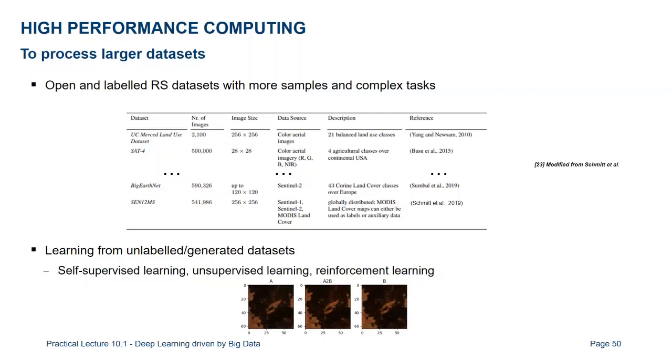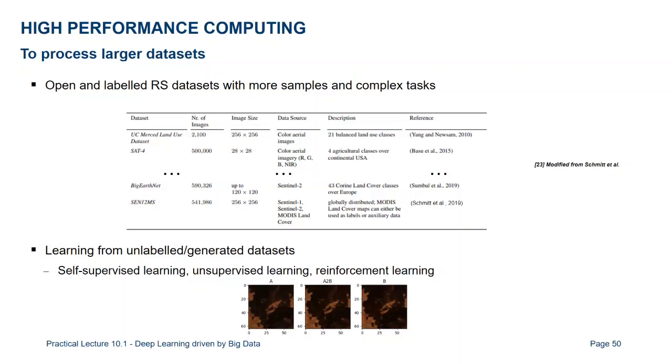A lot of experts label the data, which can then be used in a supervised learning setting that can exploit convolutional neural networks, for instance. This is also what is happening in my domain. We have a lot of new datasets with more samples and more complicated tasks that can be used to train these deep neural networks. And of course, this at the end requires what? More computation. And this is what high performance computing is there for us.